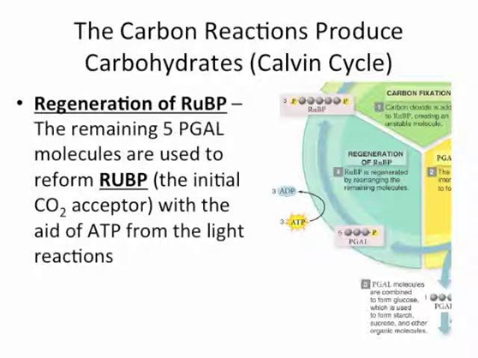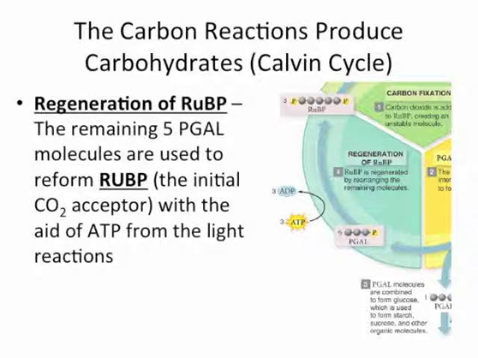So every time you have 1 pGal exit, how many carbon dioxide molecules do you think need to enter? All right, pGal is a 3-carbon sugar. Maybe that'll be a hint. How many carbons does carbon dioxide have? It only has 1.